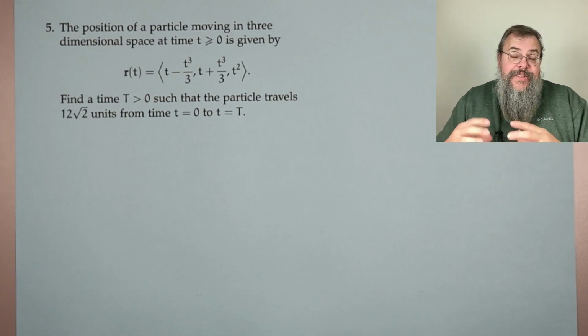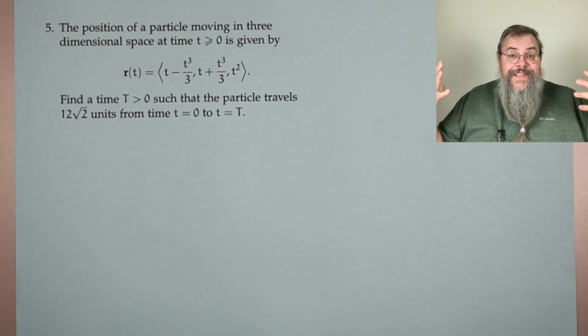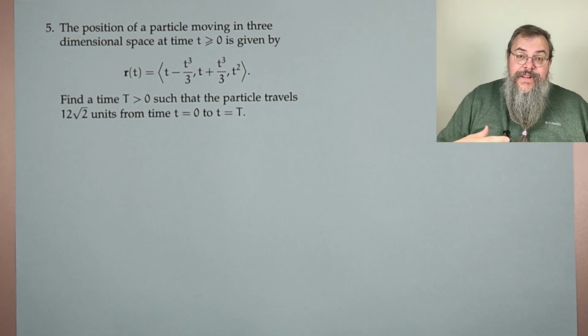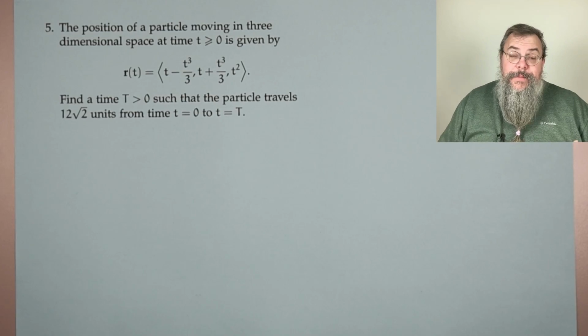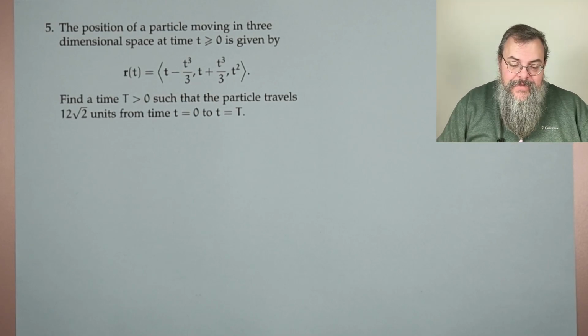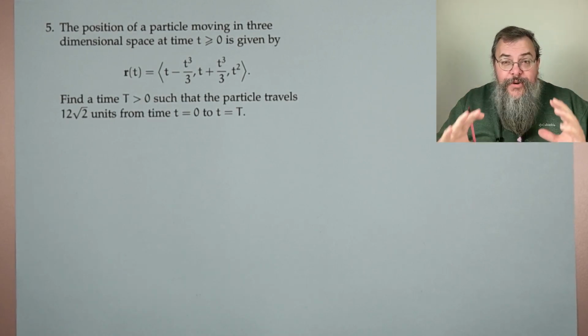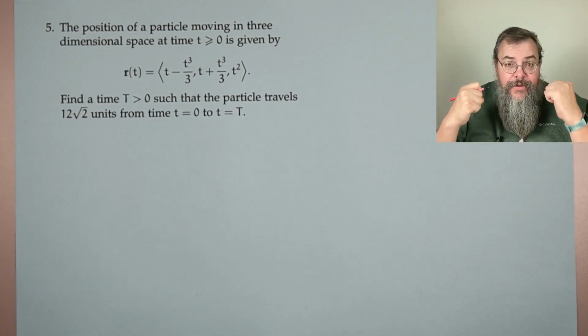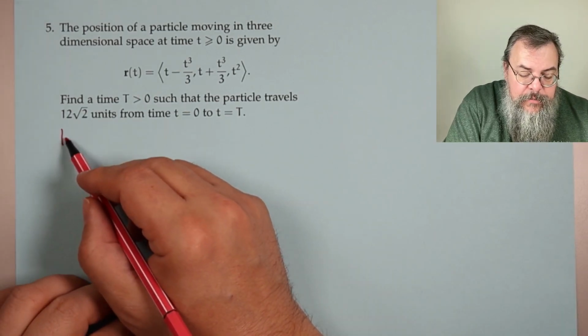Now, in some sense, this gives us a little bit of hope, because it says you have to have something nice enough that you can actually solve it, which means we probably have a pretty nice answer. Okay, so whenever we're dealing with how a particle travels, the most important thing, and the thing we need to invest the most in, is figuring out the magnitude of r prime of t.